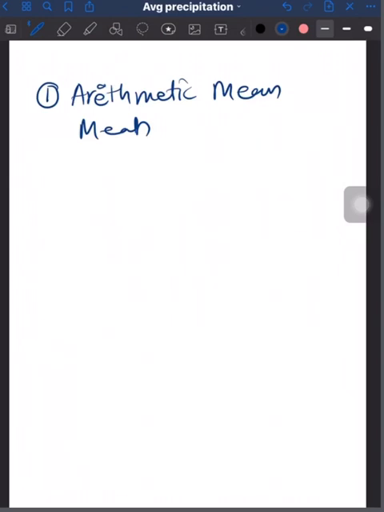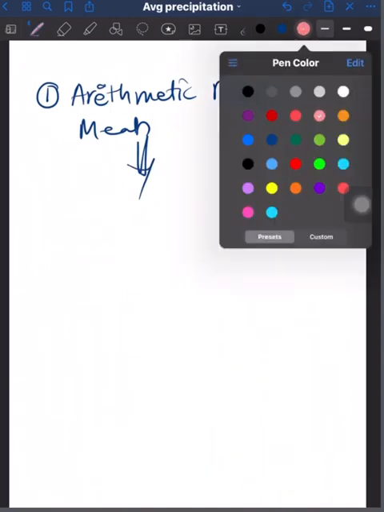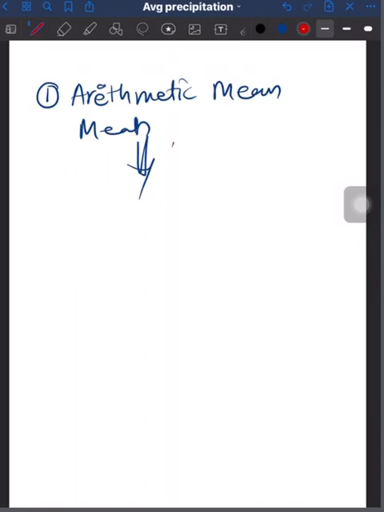When we take into consideration the representative area, then we come to the method known as the Thiessen polygon method.